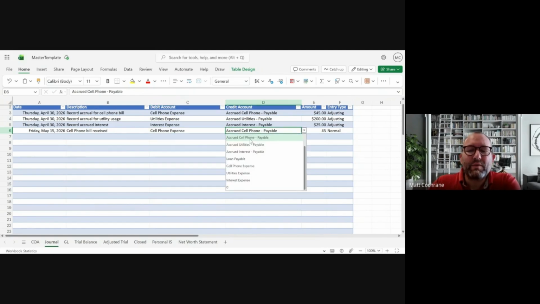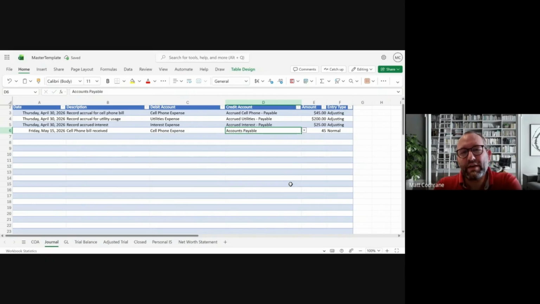And actually what we want to do is move the cell phone expense into an account payable. Okay, so there's accrued interest payable and there's account payable. So that cell phone expense becomes part of something that we have to pay, that $45. But there's a second component to this, and it happens at the same time.